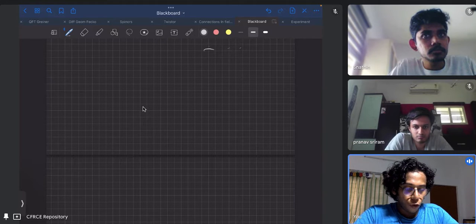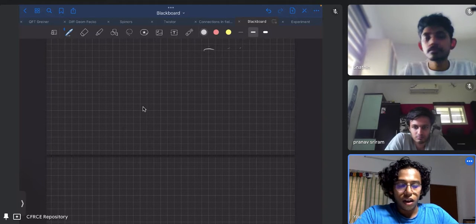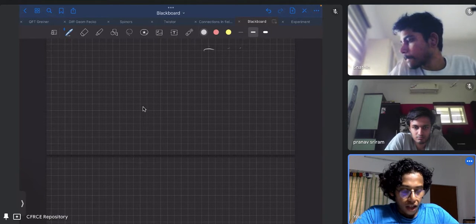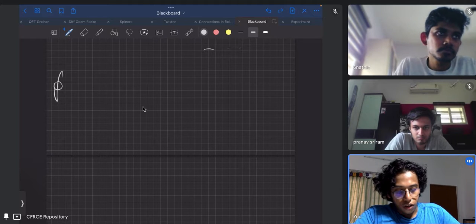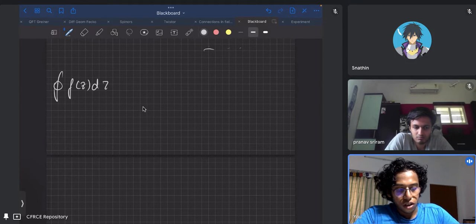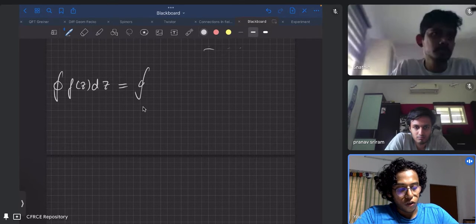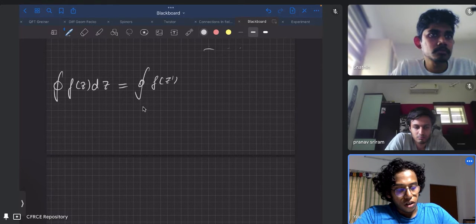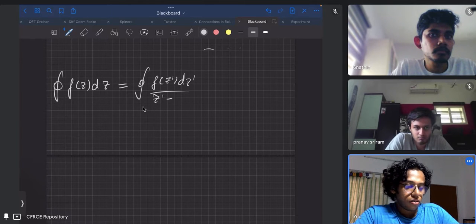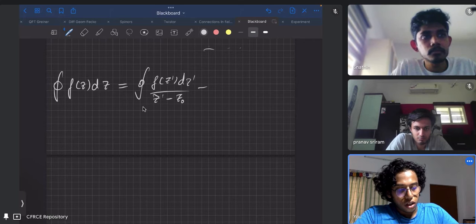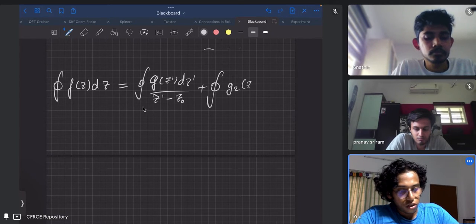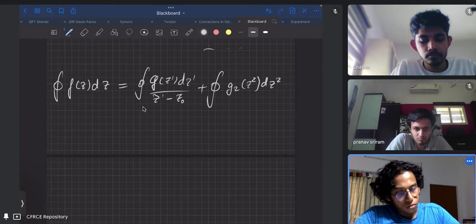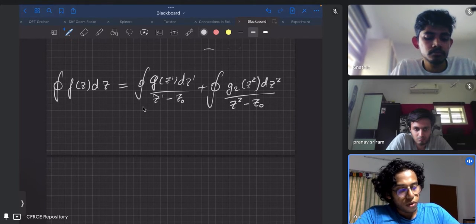Just some food for thought: if you have an integral of f of z dz, you want to write it down as the integral of f of z prime dz prime by z prime minus some arbitrary z naught, plus some other integral of g2 of z2 dz2 by z2 minus z naught, plus and so on.